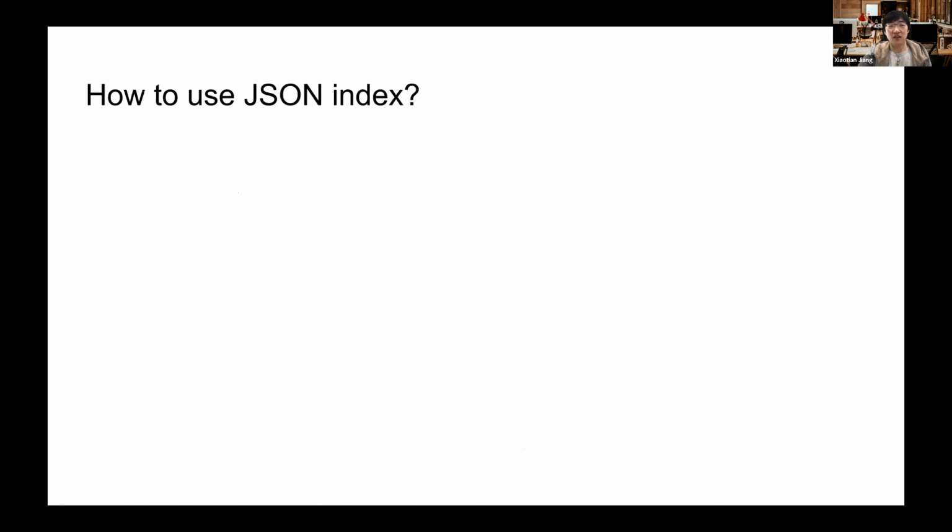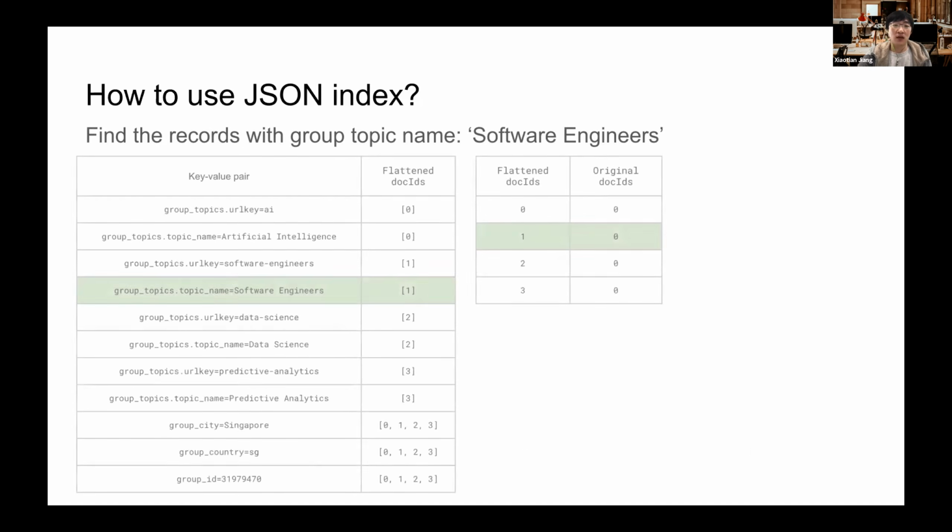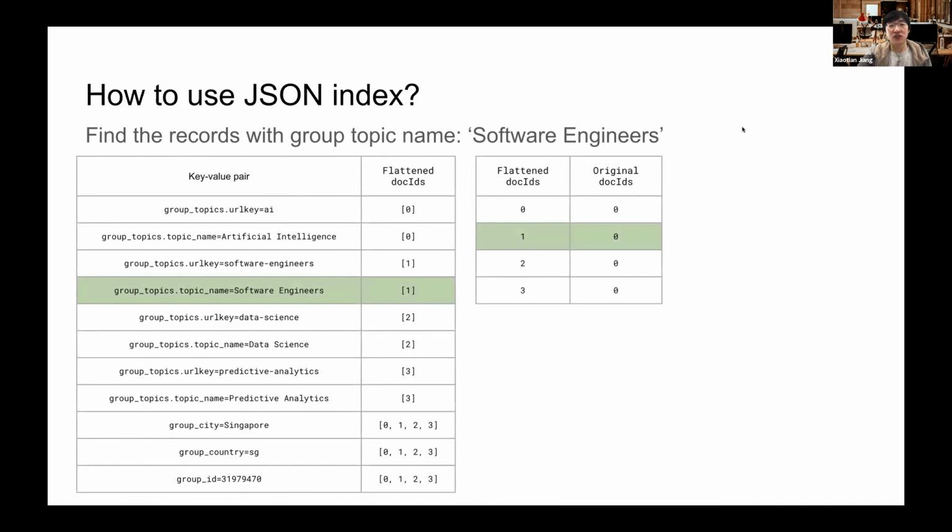Okay, now we have everything. How do we use the JSON index? Let's take some examples. For example, I want to find all the records with group topic name software engineer. We can use the inverted index we built previously. We look up the key value pair with the key plus software engineer, and we found there is 1 flattened doc ID associated with it, flattened doc ID 1.